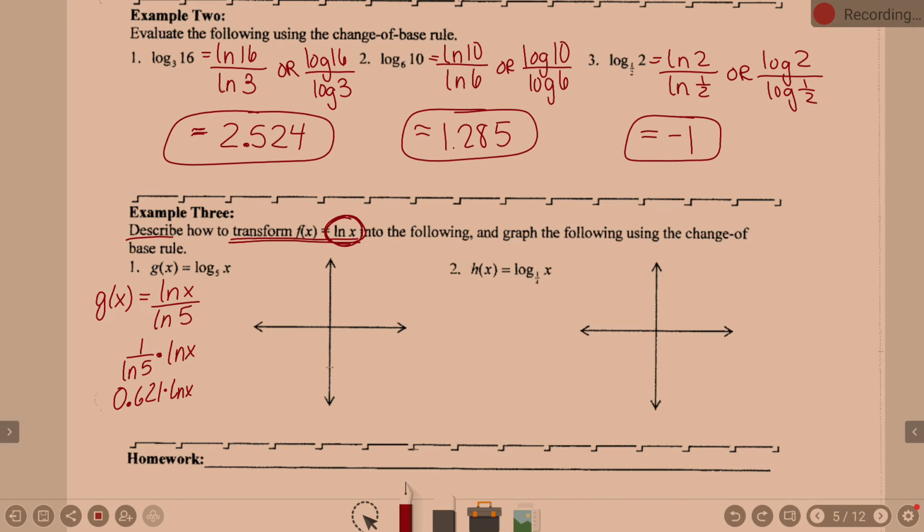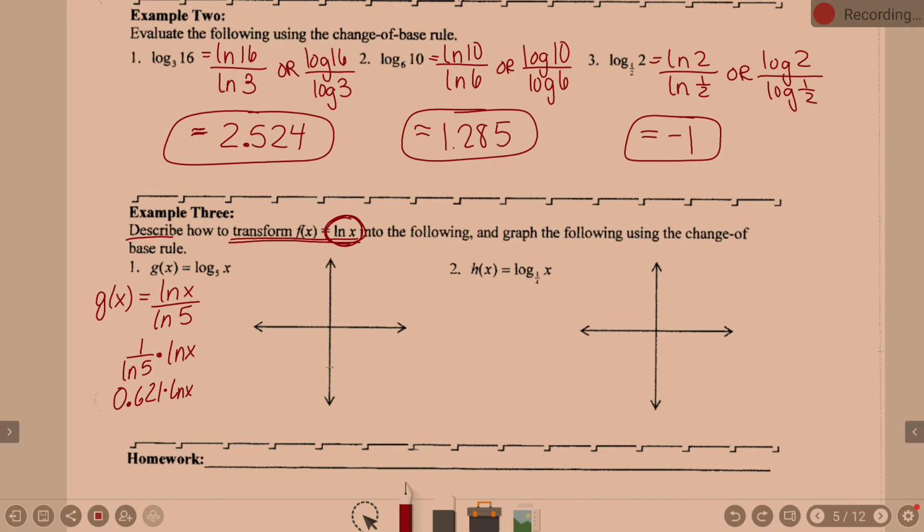Okay, guys. What transformation is happening to the natural log of x? Let's keep it multiplied by 0.621. And what does multiplying by 0.621 do to a graph? Compress or shrink, right? Because when you're multiplying by a number, if it's a number bigger than 1, it will stretch it. If it's a number smaller than 1, it will shrink or compress, right?